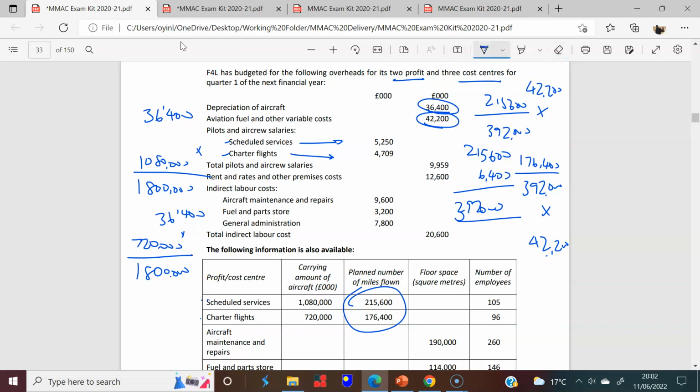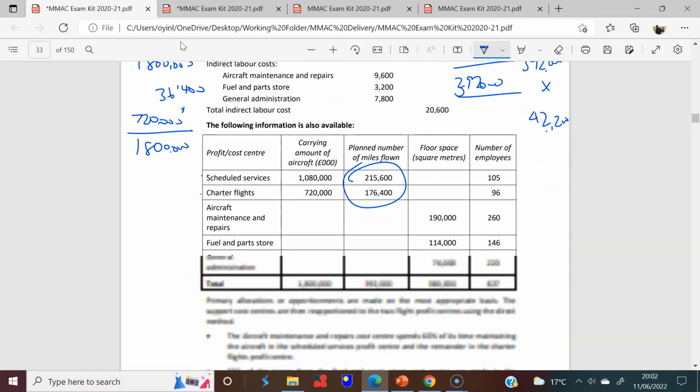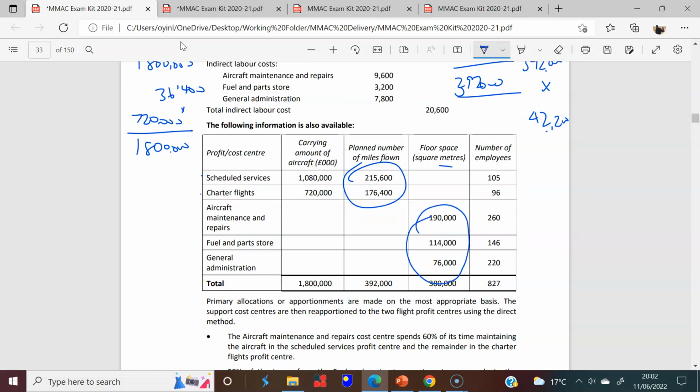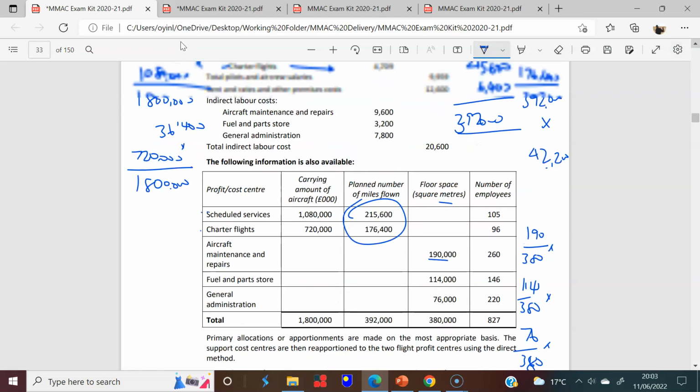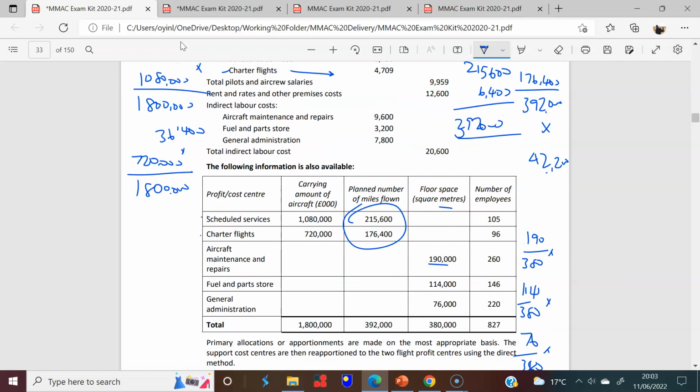12,600, and that 12,600 we're sharing it based on floor space, aren't we? So it's really this, isn't it? But I can see that the maintenance and repairs takes up half the space, doesn't it? That 190 looks like half of it, but you can just do it. Just do 190 over 380, 114 over 380, and 76 over 380. Of course, multiply each of these at every single junction by the rent and rates cost, which is 12,600.